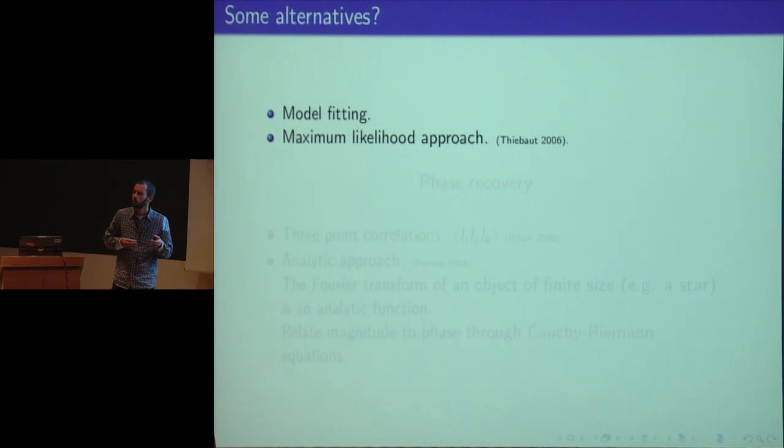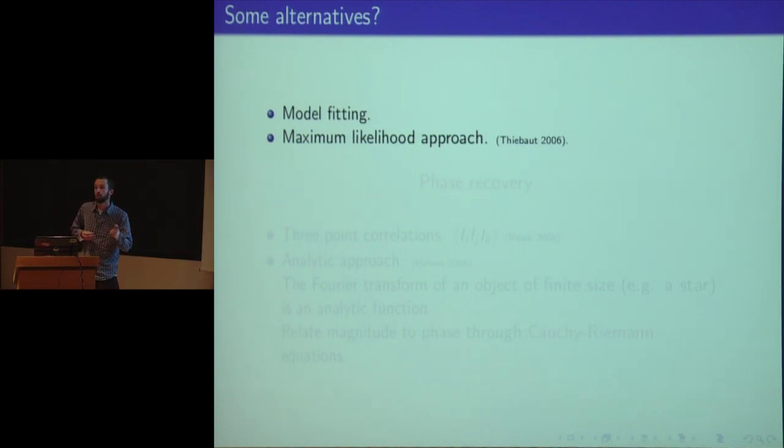You can also make a guess of what the image would look like and start iteratively modifying the image until you maximize the agreement between the Fourier transform of your guess and the data. This is a kind of maximum likelihood approach.